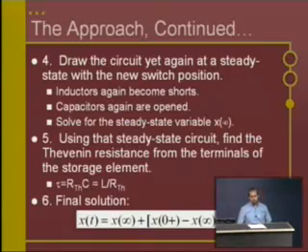Interestingly enough, if you multiply resistance times capacitance, you get seconds, and that seems odd to me, but that is the unit on the time constant. And when 5 time constants have elapsed, the circuit will be in its steady state condition.